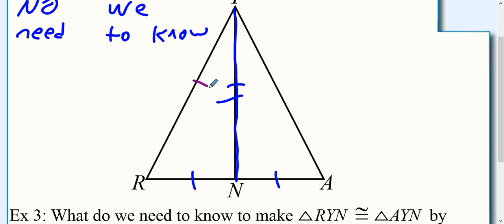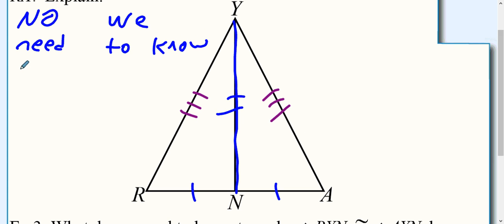The third side that we would need would be these. We would need to know that YR is congruent to YA. And that wasn't told to us, and there's no way of knowing that, so we don't have enough information.